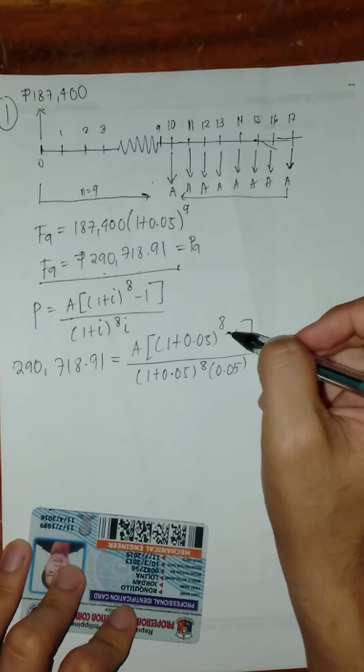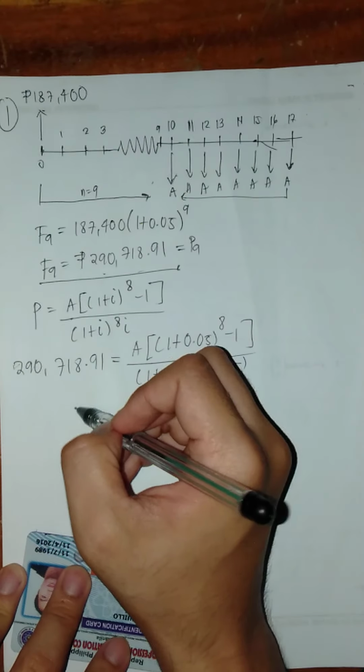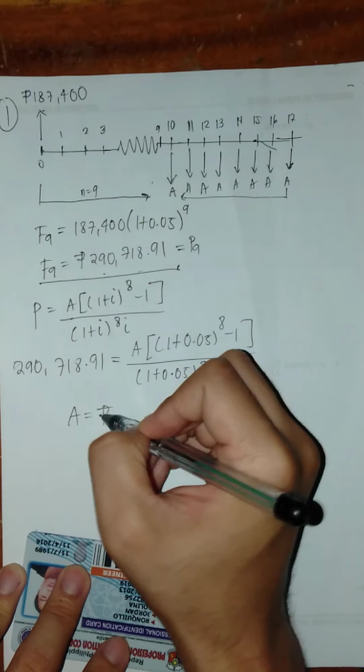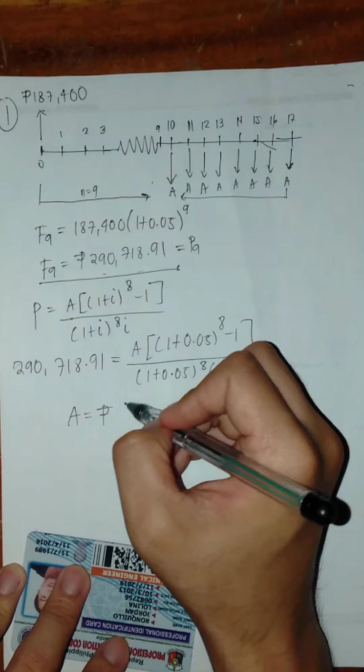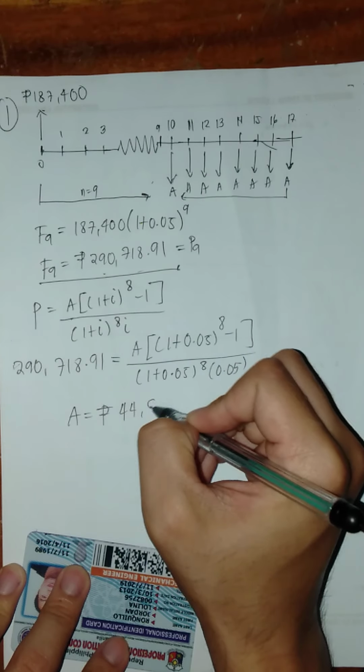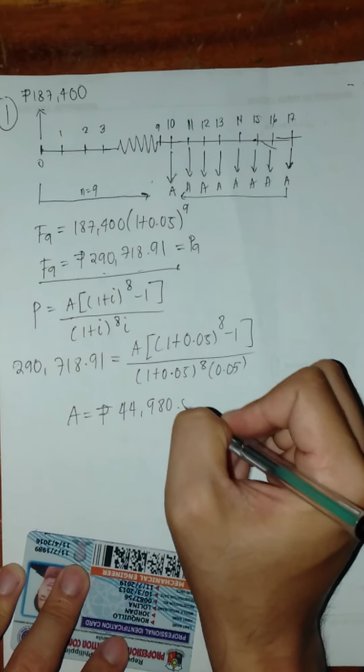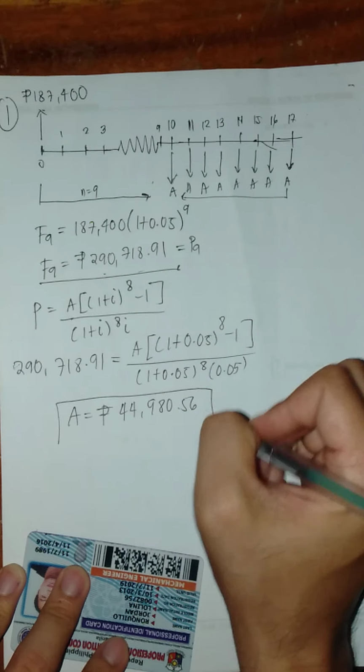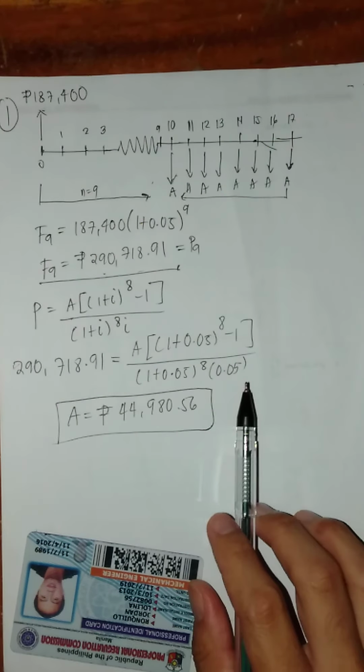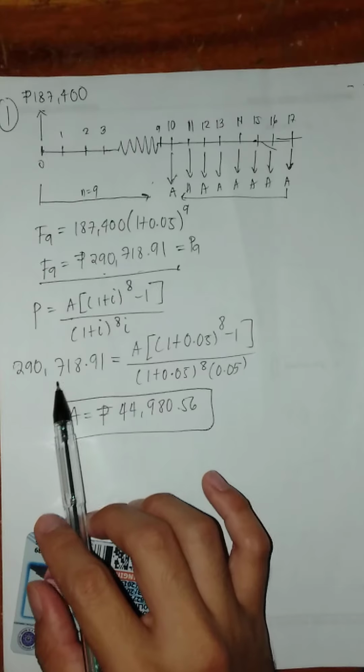Okay? So, using calculators na lang, so your annuity becomes 44,980.56.